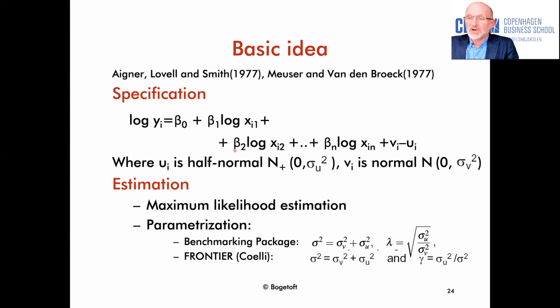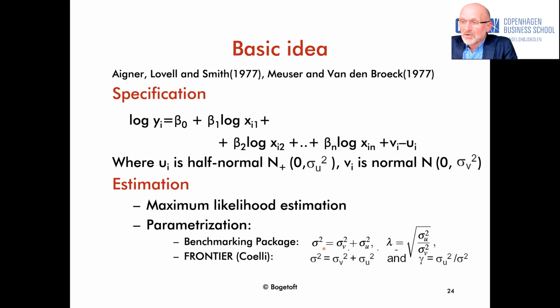So you have to use numerical methods, and different numerical methods also use different parameterizations. In our benchmarking package, we introduce two variables: sigma squared, which is the sum of the inefficiency variance and the noise variance, and another parameter lambda, which is the square root of the variance of the inefficiency divided by the variance of the noise term.